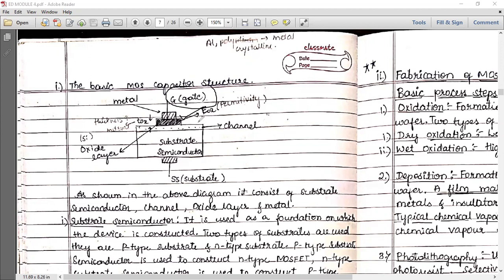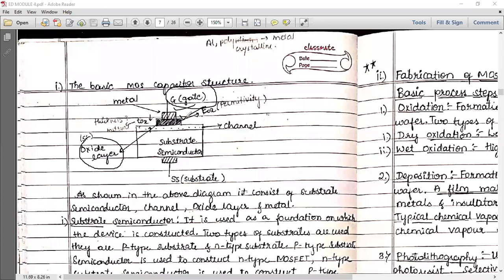This is the gate here. That is the role of the oxide layer: a thin layer which acts as an insulator between the channel and the gate. Then there is a metal here, which is used to connect the terminals of the substrate or the FET to the external world.